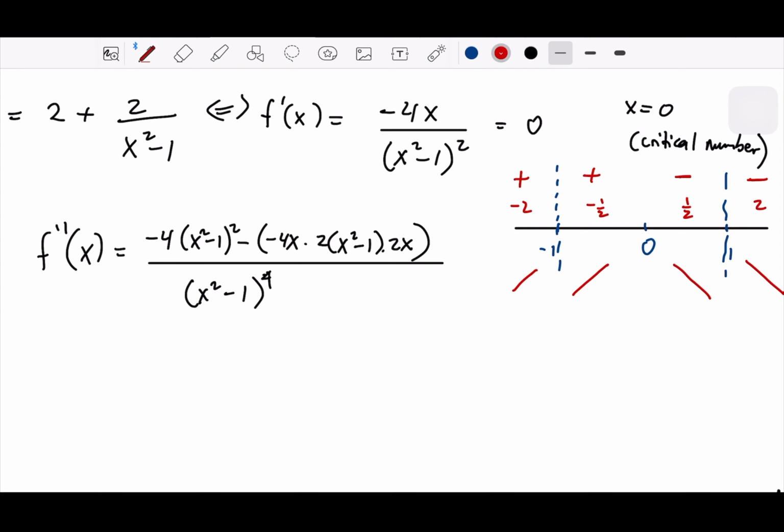So this will be negative 4 x squared and 4, right? And then multiply with x squared minus 1. Okay.